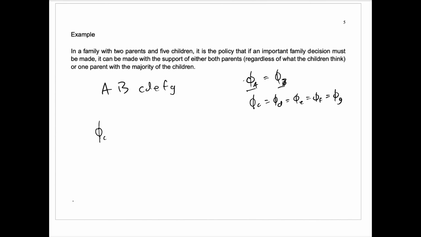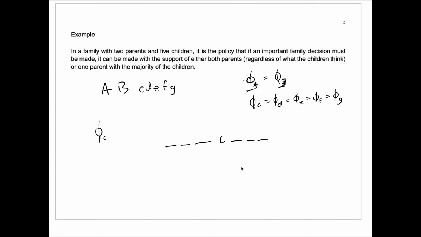And it's pretty easy to see the only way a coalition could be a losing coalition that turns into a winning coalition by adding child C is if the original coalition had just 3 players that consisted of 1 parent and 2 children. Then when you added in child C, you would have 1 parent and 3 children. That would form a winning coalition. And then, of course, later you would have the other 2 children and the other parent.